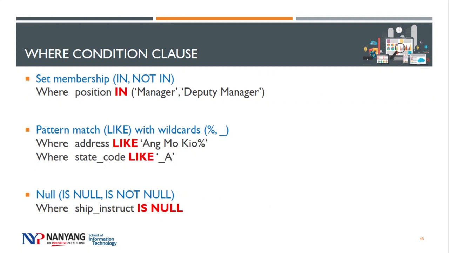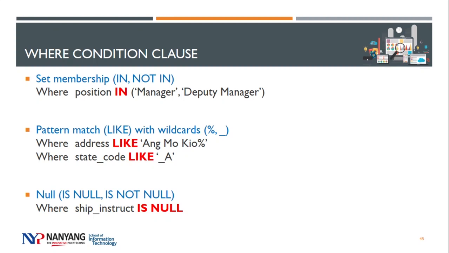We can also use set membership, where the position is in managers or deputy managers. What this example means is that we will only select the managers and the deputy managers. We can also do a pattern match.